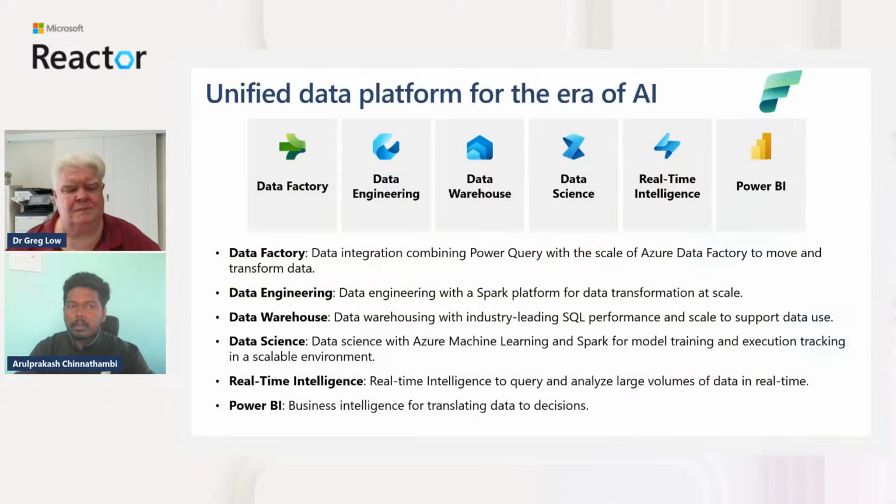So as you see, Microsoft Fabric is a unified data platform for the era of AI, which includes multiple experiences in a single environment, which includes Data Factory, data engineering, data warehouse, data science, real-time intelligence, Power BI, and some other experiences which have been rolled out recently.